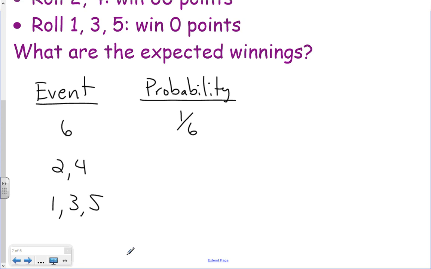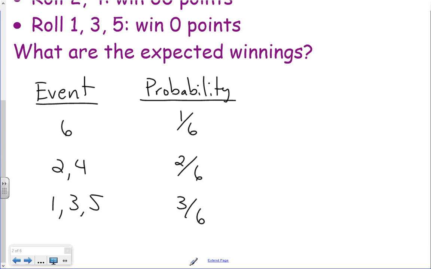Rolling a 2 or 4, again, there's two sides of my die that contain the 2 and the 4 out of the 6, so that's 2 out of 6. And then finally, for the last event, that's 3 possibilities out of the 6 possible outcomes in my sample space, so it's 3 out of 6. All right, so that's the probability of each one of those happening.